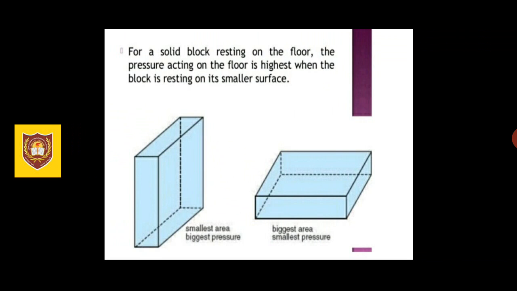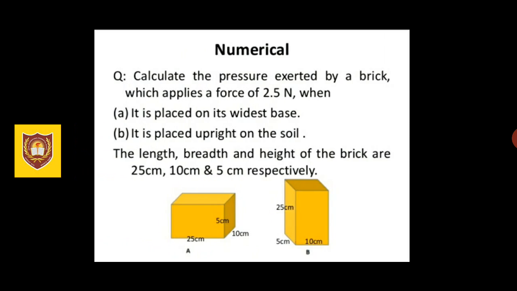In one box its biggest area is lying on the surface, and in the another one the smallest area is lying on the surface of earth. So what happened when the area is bigger, smallest is the pressure, and in another one when the smallest area is there, biggest pressure acts on the floor.